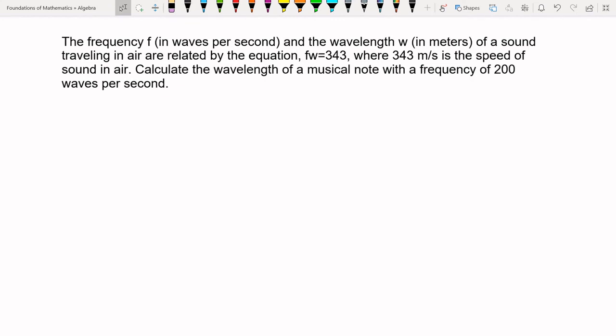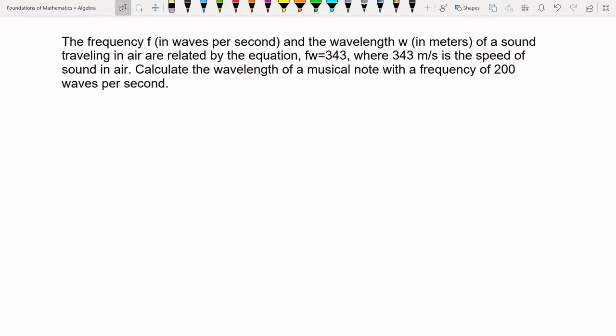The frequency F in waves per second and the wavelength W in meters of a sound traveling in air is related by the equation F times W equals 343, where 343 meters per second is the speed of sound in air.